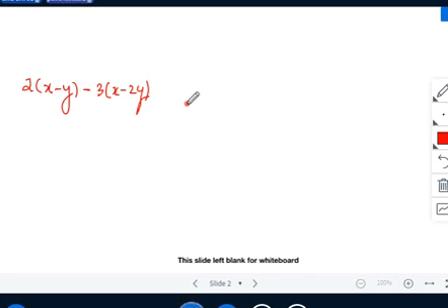You're making a mistake. It's minus 3 multiplied by minus 2y, that will give you plus 6y, not minus 6y. Oh, okay. So then it will be minus 1x plus 4y. Yes.